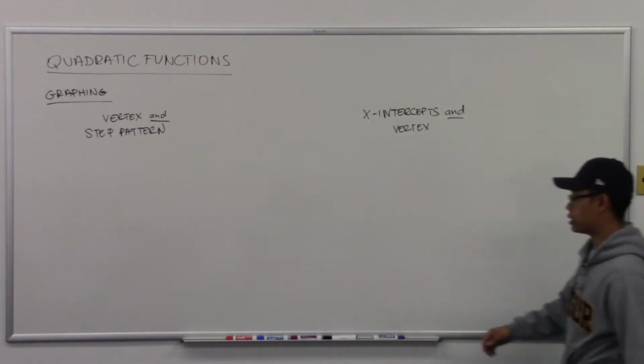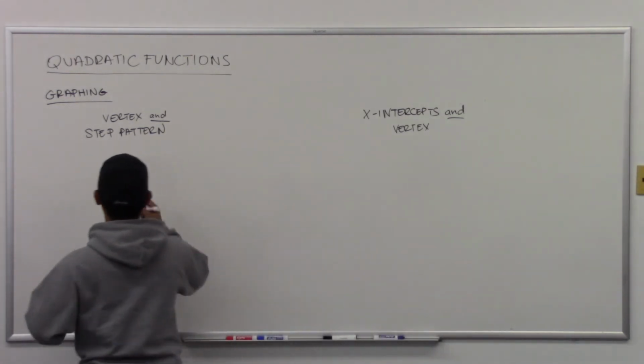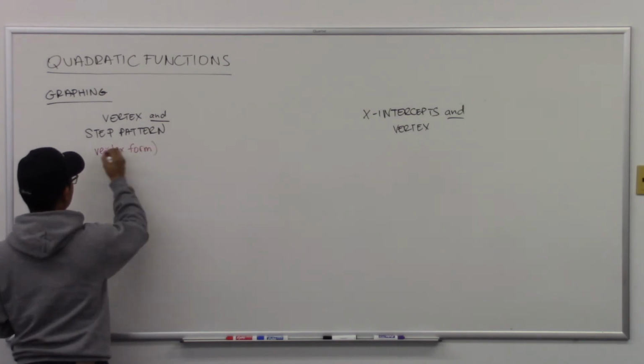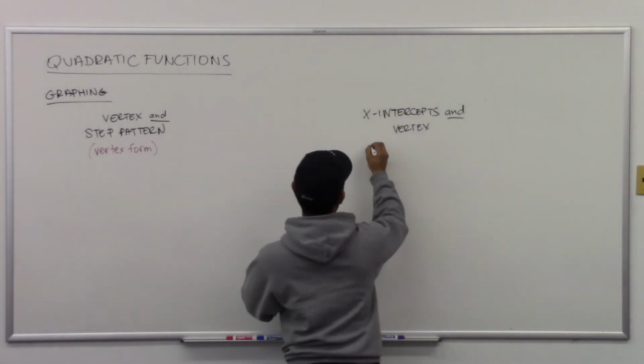You do this one for vertex form, and you do this one for factored form.